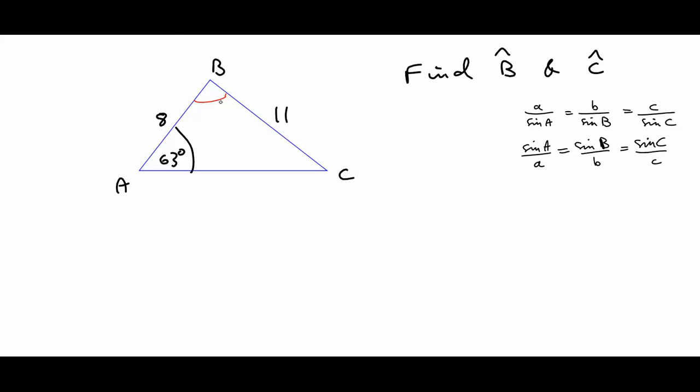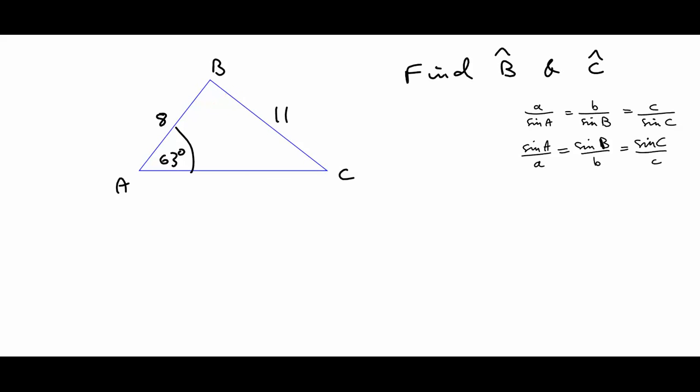This angle here, B, is between the two sides, and the opposite of B we don't know. And in order to solve a triangle with those values, the two sides and the included angle, we need something called the cosine rule, which we'll do in a later video.